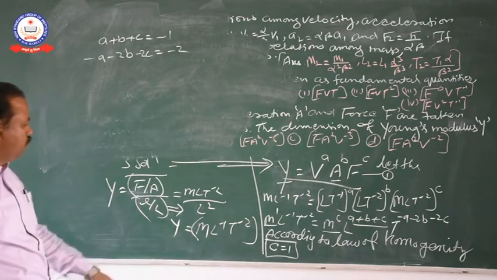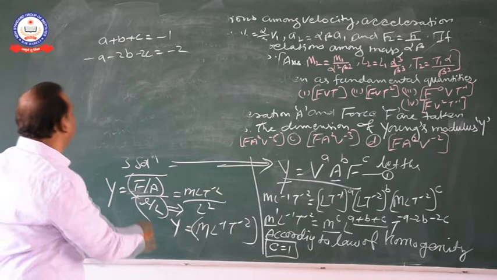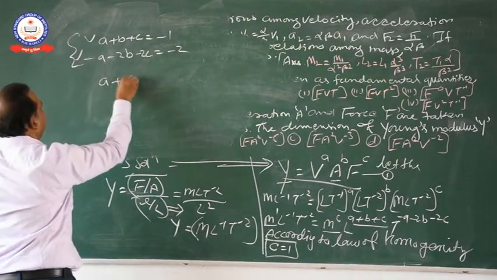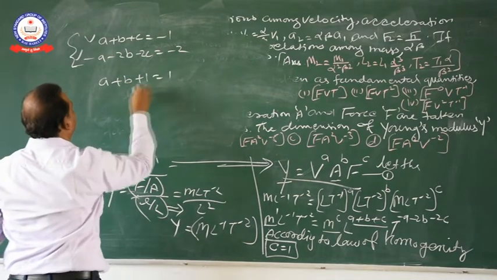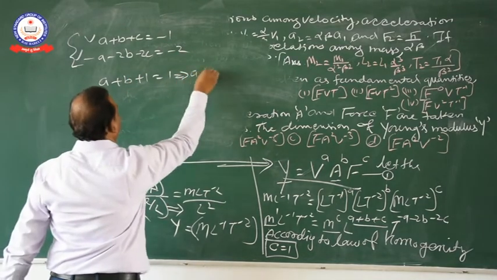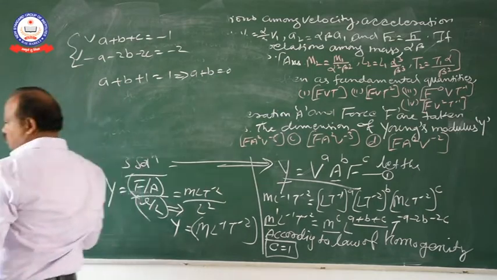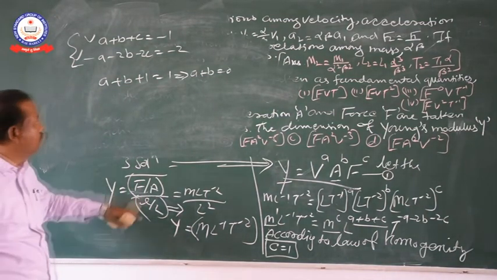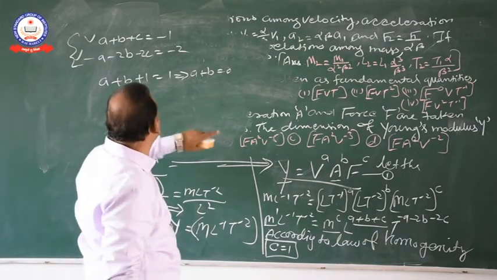Correct? First you put the value of c in both. So a plus b plus 1 is equal to 1. So a plus b is equal to 0, and a plus b is equal to 0.